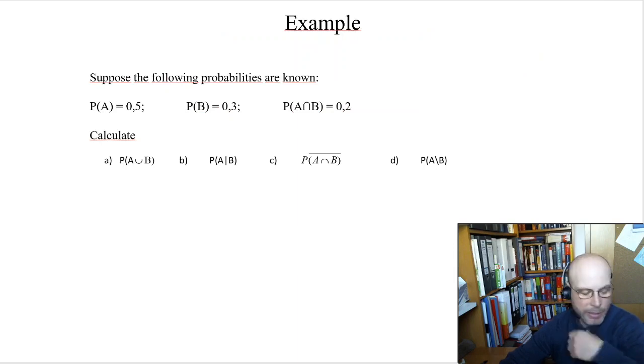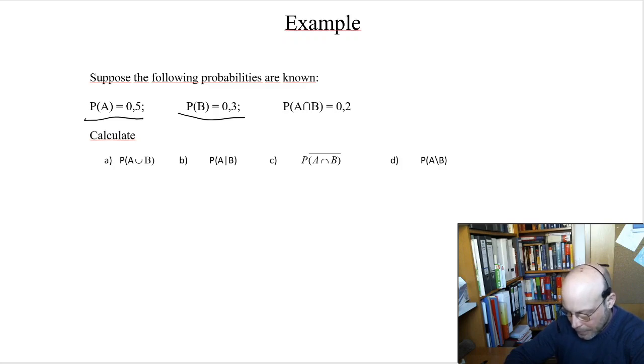And in order to keep this in mind, we will do some calculations and some examples. So let's say that P of A is given with 50%, P of B is given with 30%, and that both events happen together, P of A and B, is just 20%.